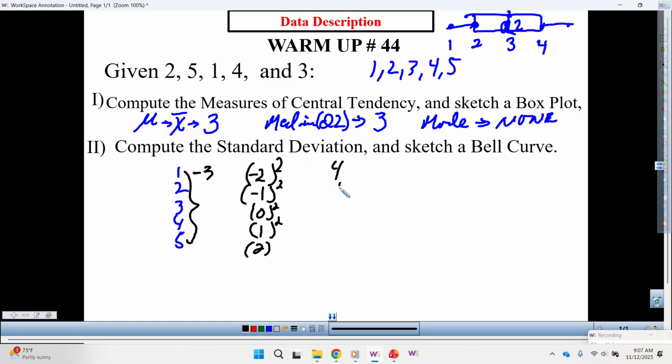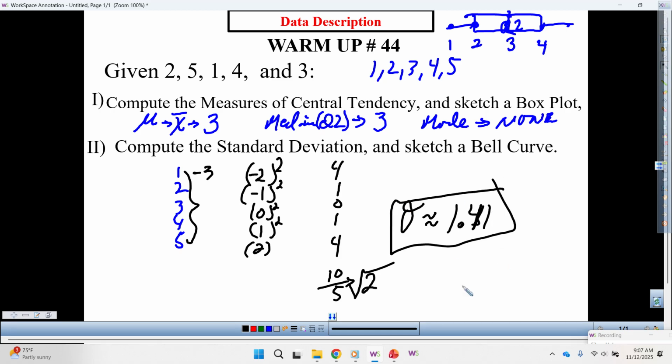So this is 4, 1, 0, 1, 4. Therefore, see what I did there? 10 divided by 5 is 2. And our standard deviation, or our sigma, is the square root of 2, which is 1 point, what is it? 41? 41. All right.